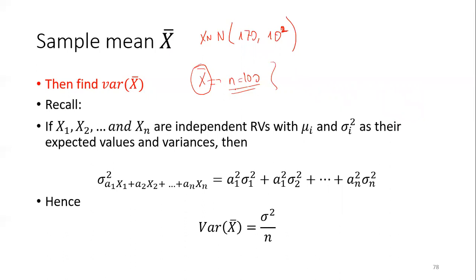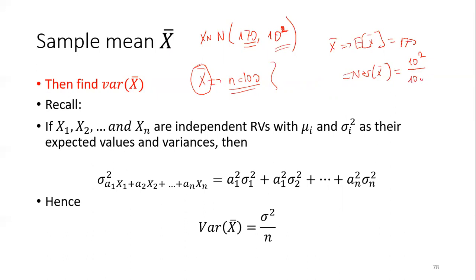So what did we find? We said that for X bar, the expected value of X bar is equal to 170, because it's the same as the mu of the height of the students, right? How about the variance of x bar? The variance of x bar is equal to the variance of x, which is 10 square. I'm just writing 10 square in order to show that this is sigma square, but not sigma, right? Sigma square divided by n.